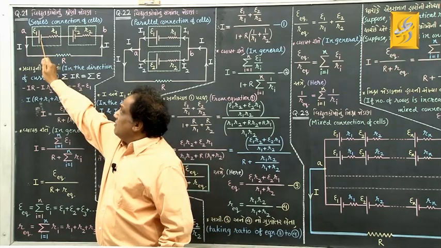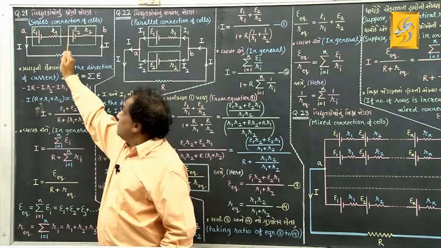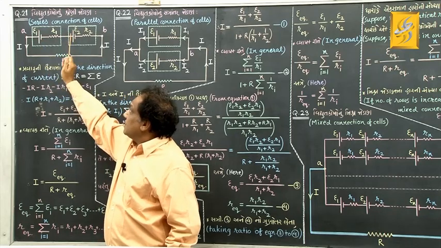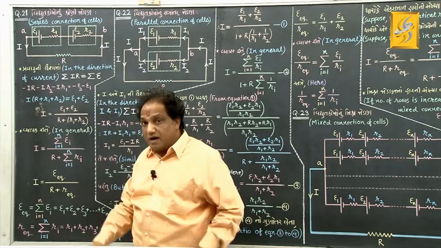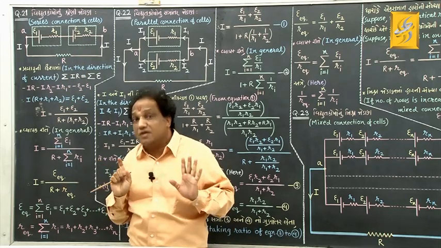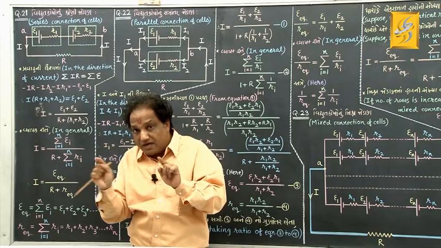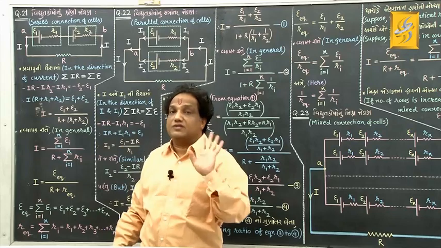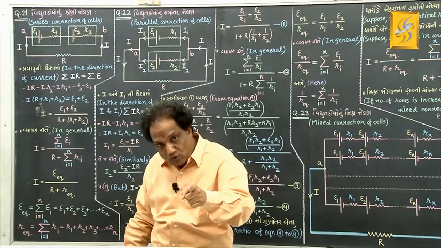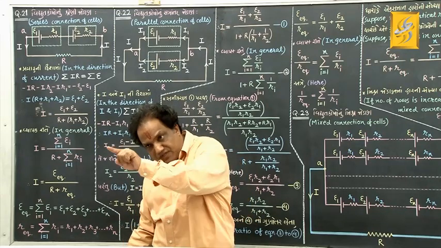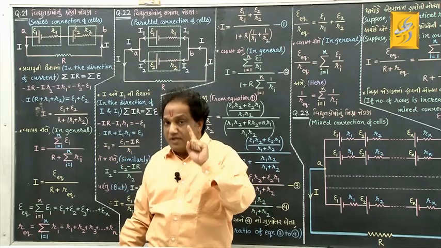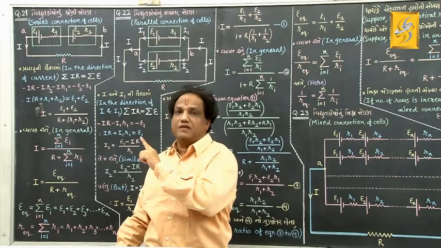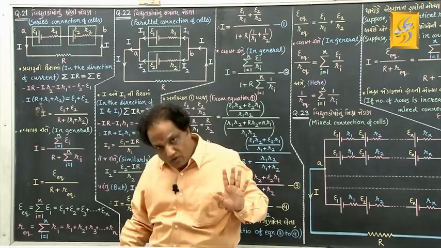Here the negative terminal of the first cell is connected with the positive terminal of the second cell, meaning unlike terminals are connected together. And when unlike terminals are connected together, that connection is called assisting connection. Whether it is told to you or not, every time in case of series connection of electric cells, please consider those cells connected in series, but in an assisting manner. Okay, fine.